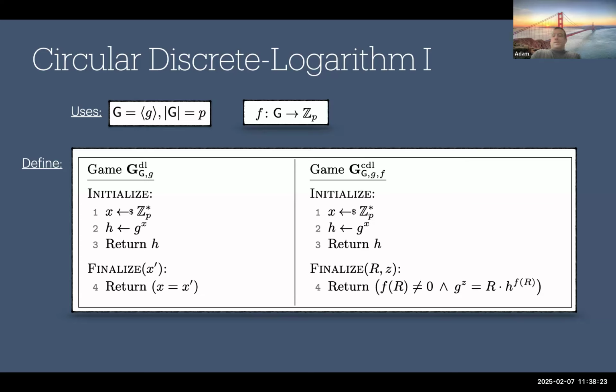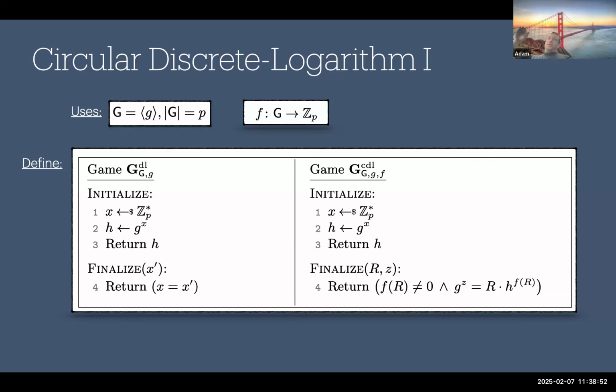So if this assumption is true for a specific f, you can't prove that DL is hard, right? No, I proved from Schnorr to CDL. From CDL to DL is not known.